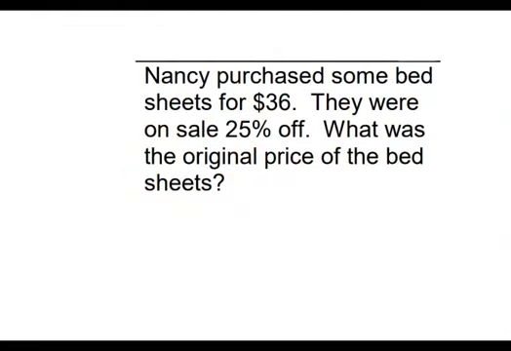Okay, Nancy purchased some bed sheets for $36, and they were 25% off. Okay, so if they were 25% off, what that means is $36 is 75% of the total cost, right? So let's see if we can do this without a calculator.